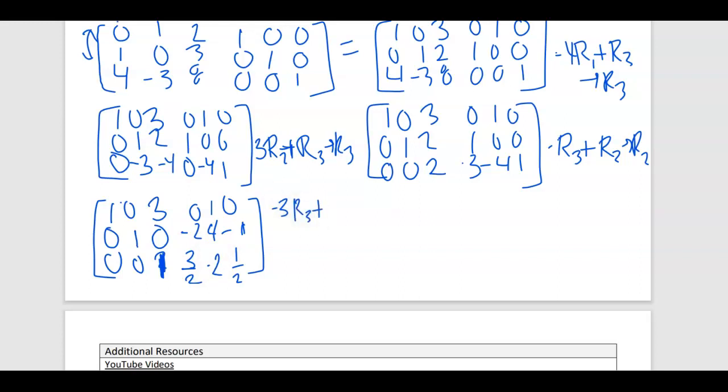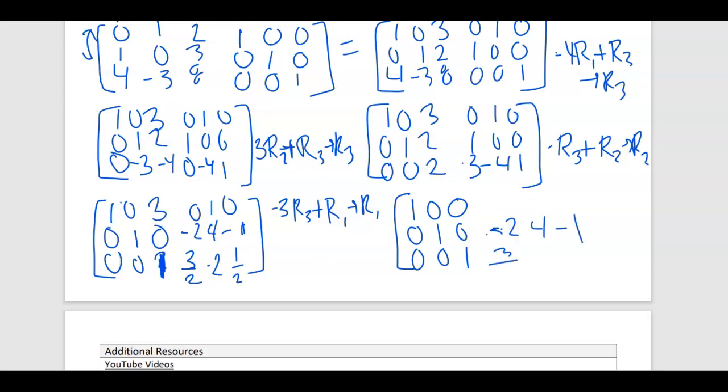Okay, so then -3 R3 plus row 1 back into row 1. And that should go ahead and zero out my top piece there. These are all going to stay. -2, -1, 3/2, -2, and 1/2.